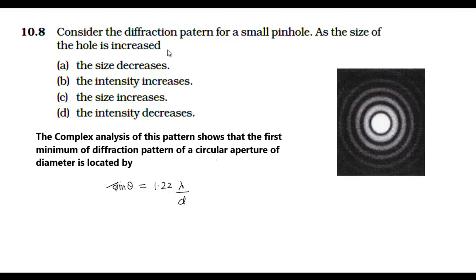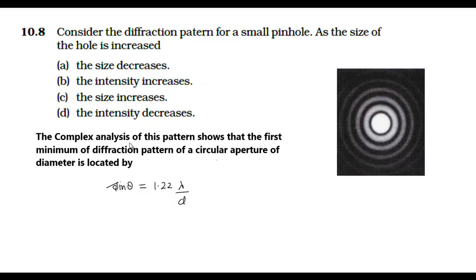The analysis of this diffraction pattern for the circular aperture is quite complex. Following the analysis of the Fraunhofer diffraction, experimentally we can achieve this kind of diffraction pattern for a given monochromatic light.